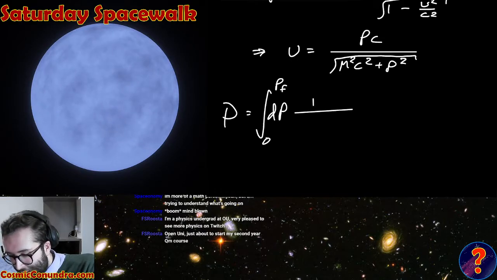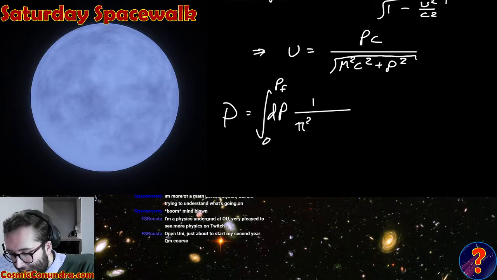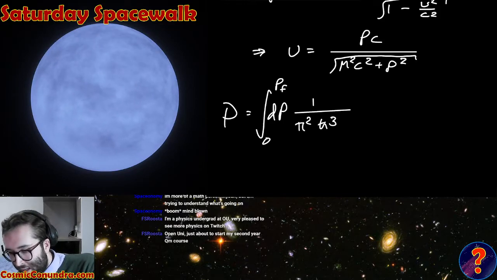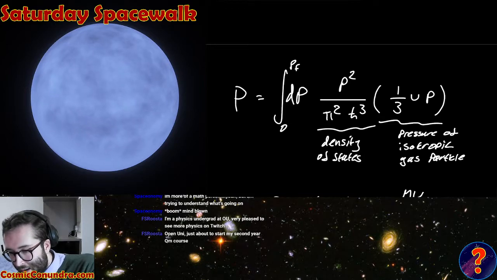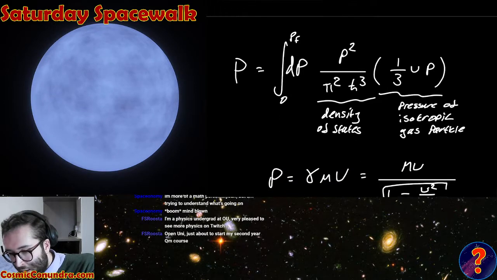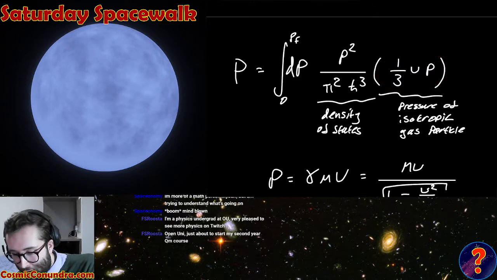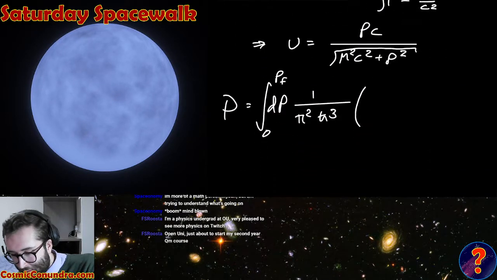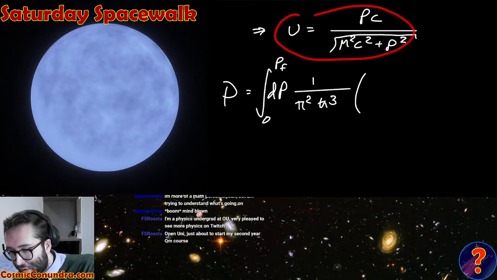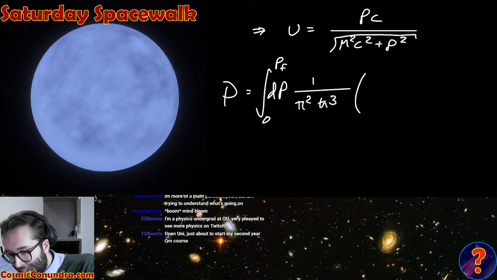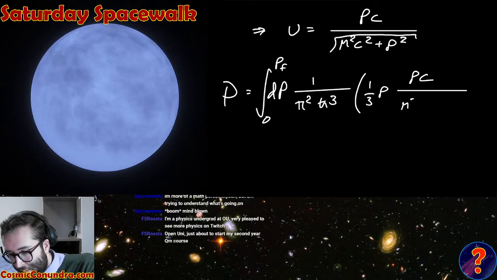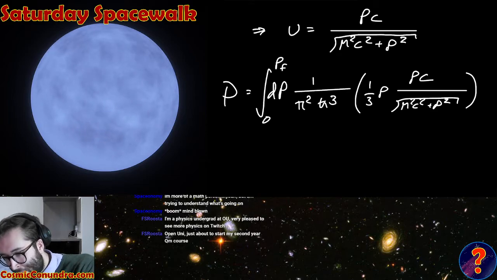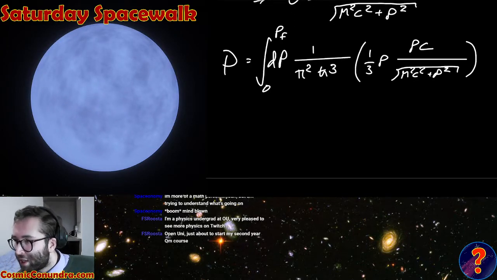We have this density of states factor out the front, and then the 1/3 pv, where we've now rewritten v in terms of p, and here is that expression: 1/3 p times pc over the square root of m squared c squared plus p squared. Okay, so that's our integral for the pressure.